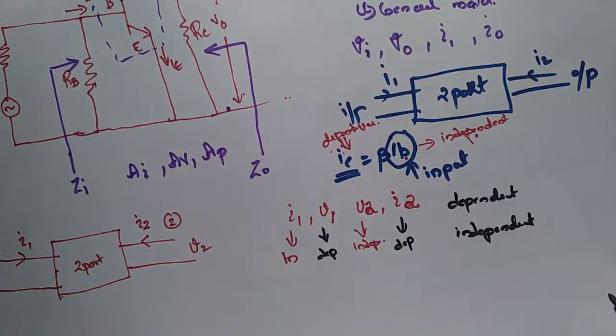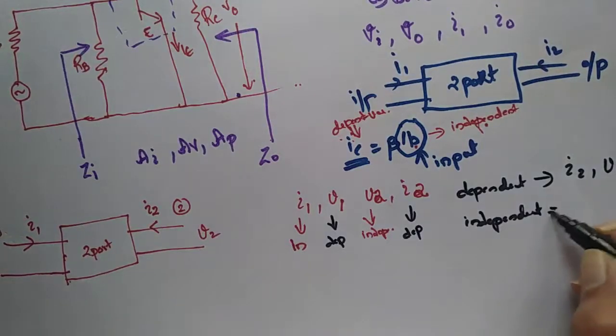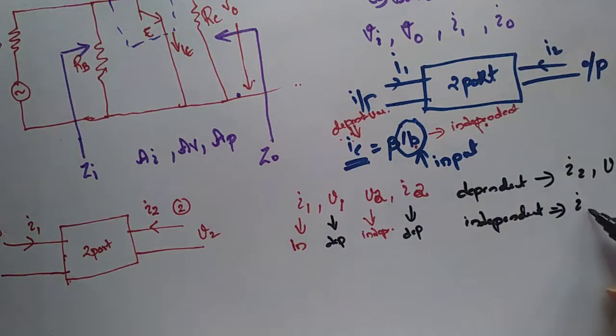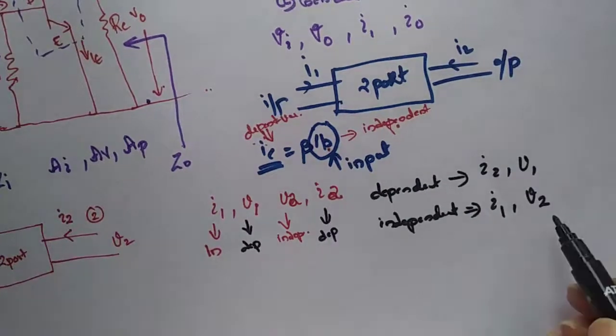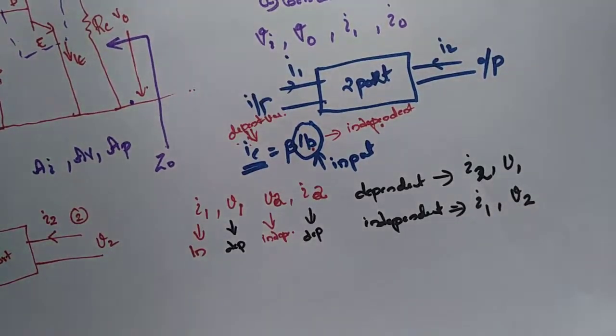The dependent parameters are I2 and V1, and the independent parameters are I1 and V2. I1 and V2 are independent, whereas I2 and V1 are dependent parameters.